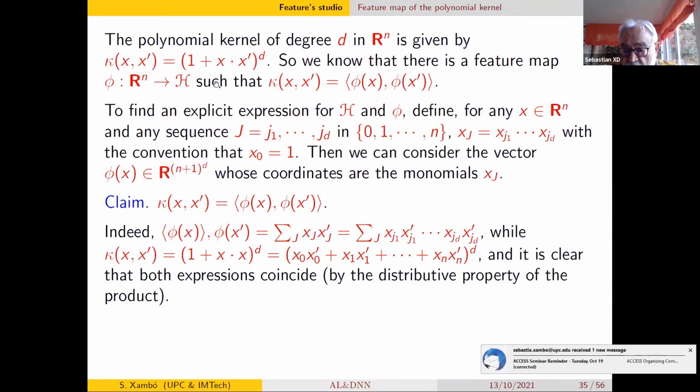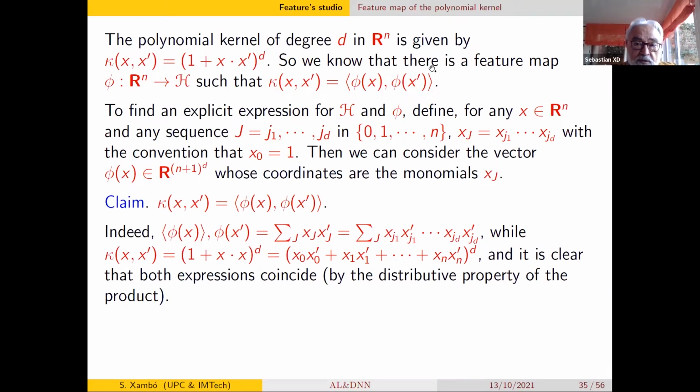I put the constant equal to 1, this is irrelevant because otherwise you could take out the constant in some way. So we know that there is a feature map by the theory that I explained. There must be a feature map from R^n to some H, such that kappa of x, x prime is the inner product of phi of x and phi of x prime. So what is this phi?